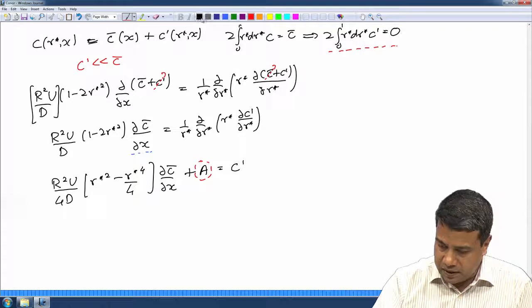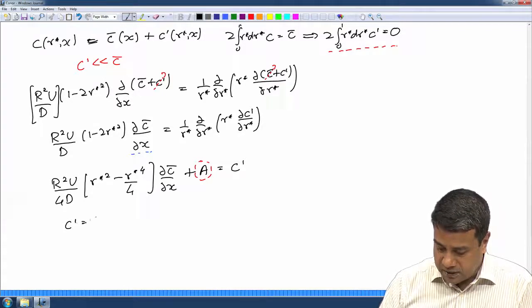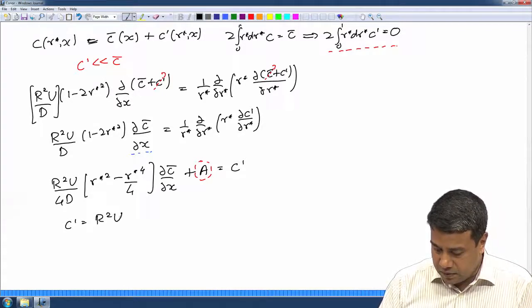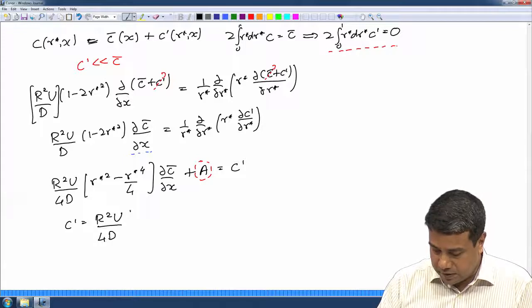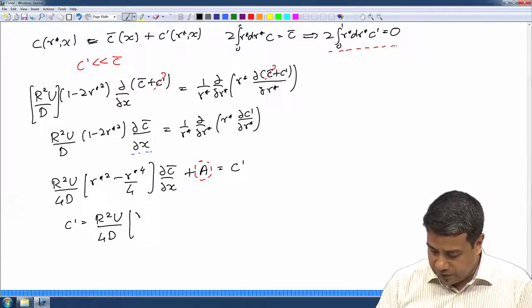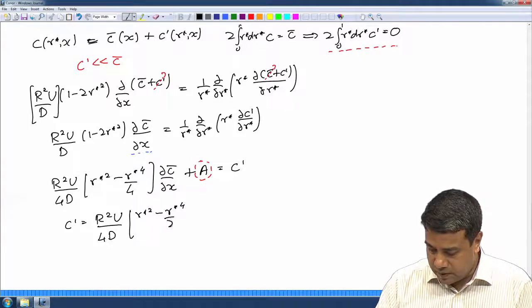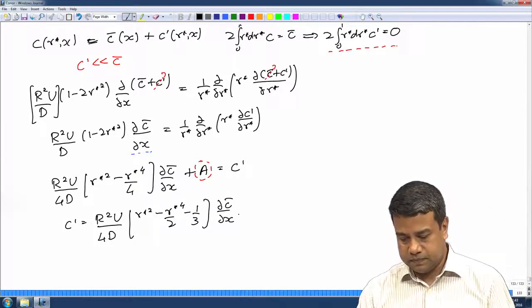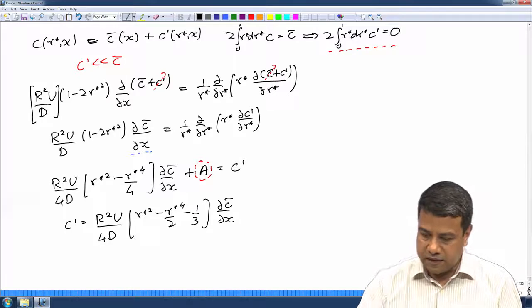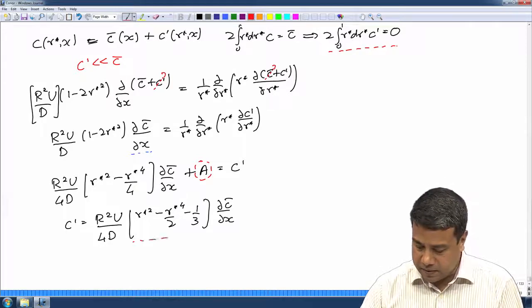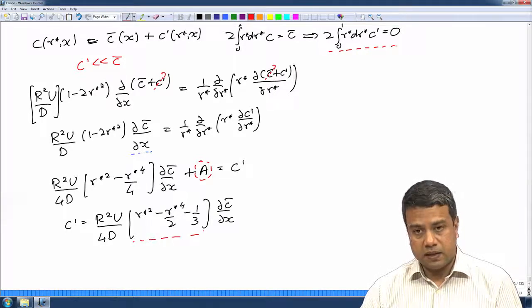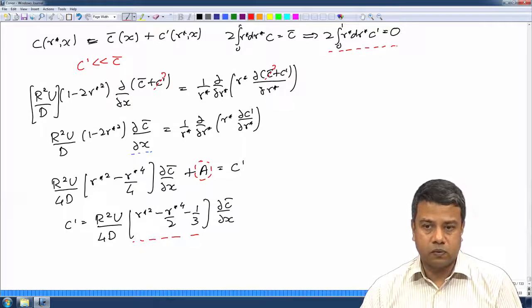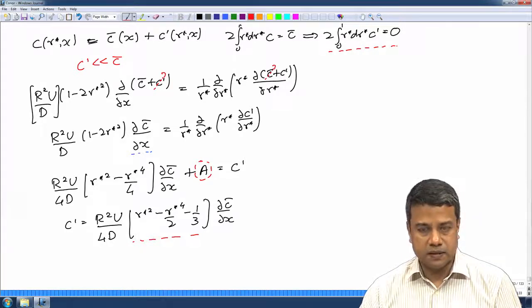You will finally get that c prime is equal to r square u by 4 d, into r star square minus r star power 4 by 2 minus 1 by 3, partial c bar by partial x. You can easily verify that if I take this term, multiply by r and integrate it from 0 to 1, this will end up being 0.